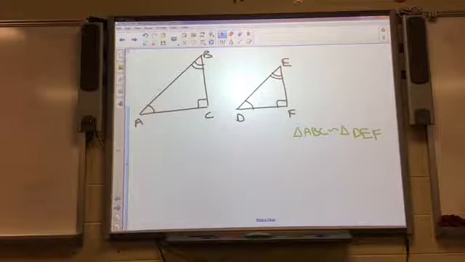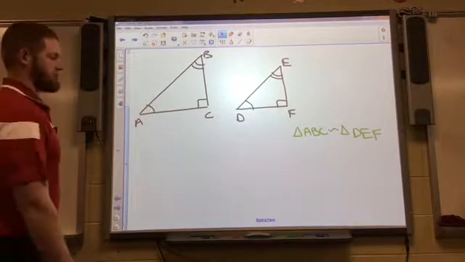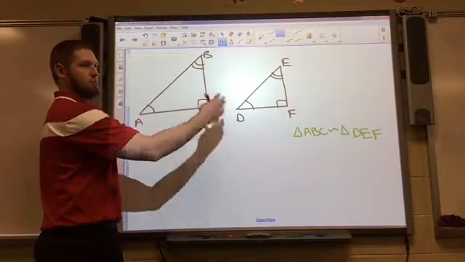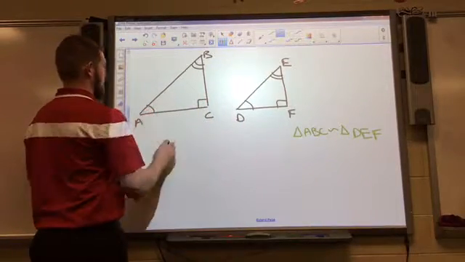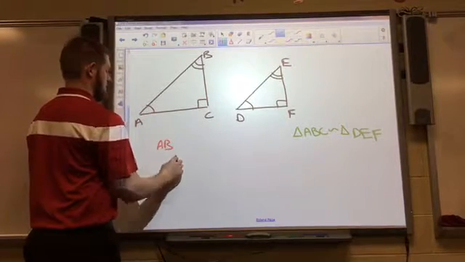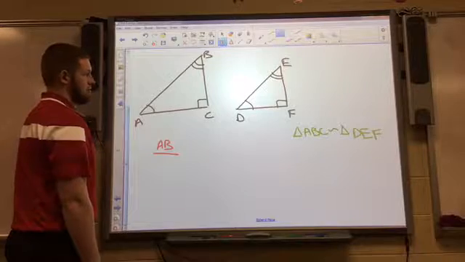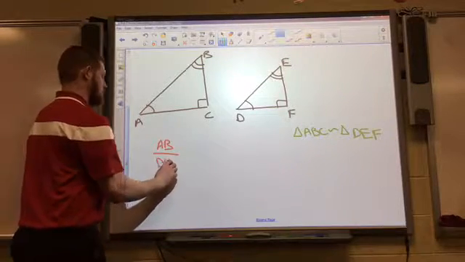Okay, the next thing that we need to talk about is what's called your statement of proportionality. That's just stating what is proportional. Okay, well, AB corresponds to what? DE.